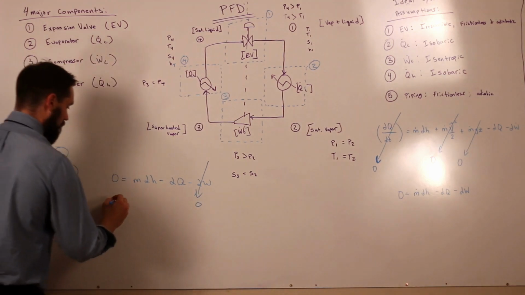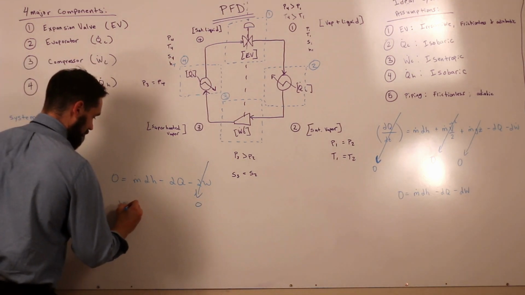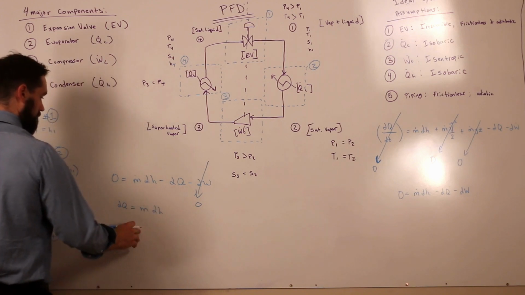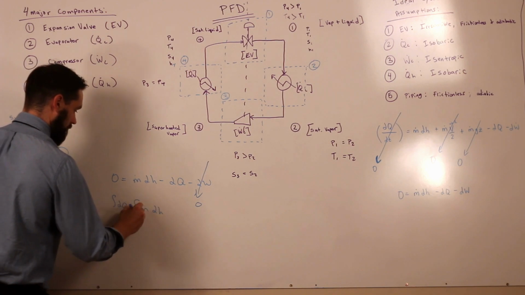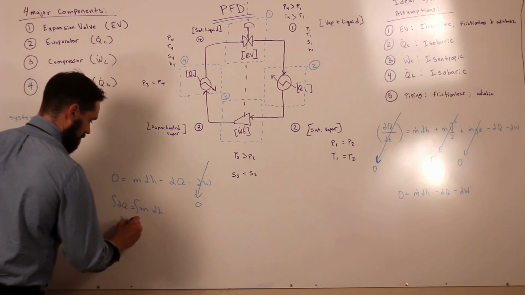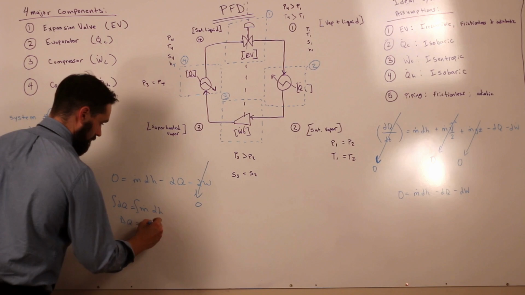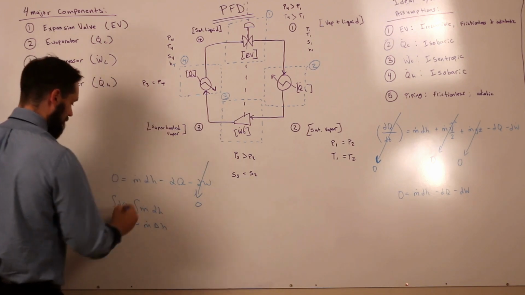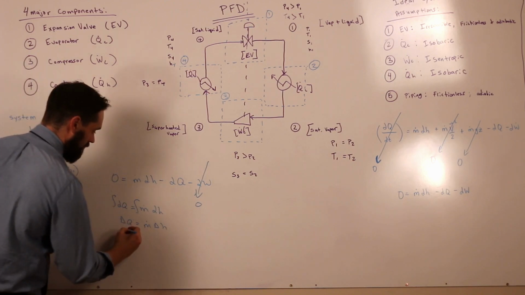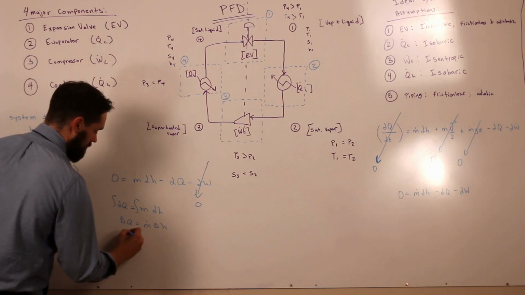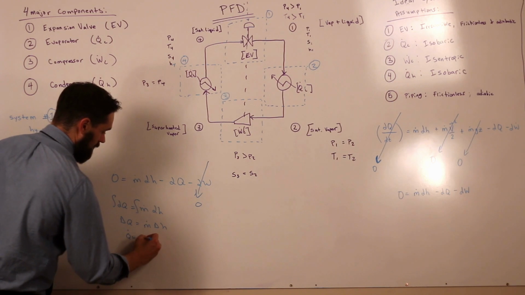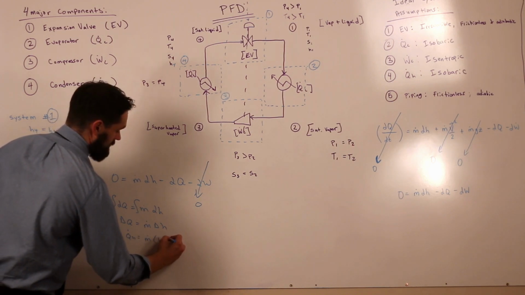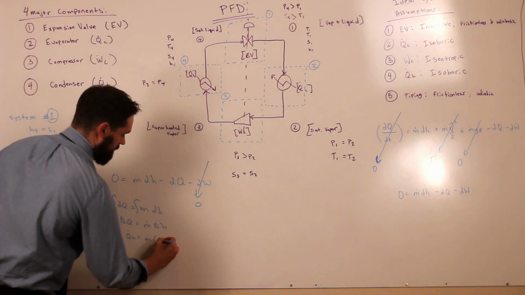If we rearrange the equation, we have dq is equal to m dH. If we integrate that and put in our known terms here, we have QH is equal to m (H4 minus H3).